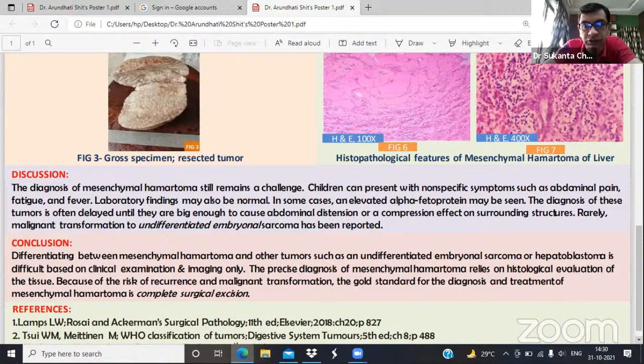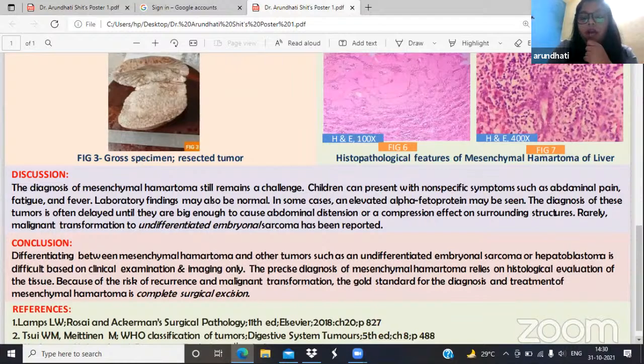Nice presentation, Arundhati. Can you tell a few histological differential diagnoses of mesenchymal hematoma? Sir, mixed mesenchymal epithelial hepatoblastoma, undifferentiated embryonal sarcoma, biliary duct adenoma, infantile hemangioma, etc. Okay.